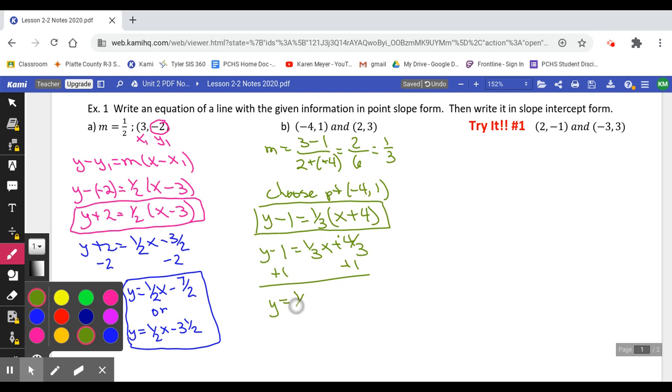So y equals 1/3 x plus 7/3. Or you could say y equals 1/3 x plus 2 and 1/3. Okay, pause the video and you try it.